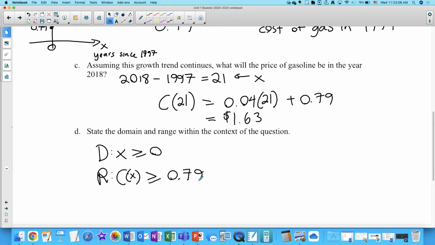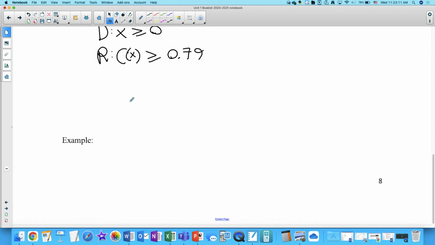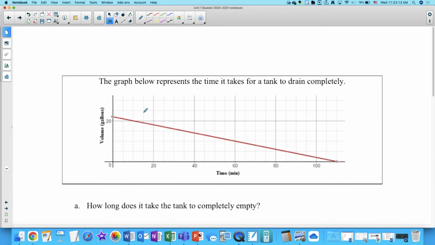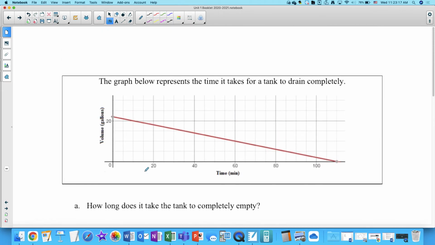Okay, questions? Oh, I think I have another example here. There we go. Okay. Here we're given a graph. So in the first example, that's another thing I should talk about. You're going to be given multiple representations of these functions and be asked to answer questions about them. Sometimes you're given an equation, like in that last example.